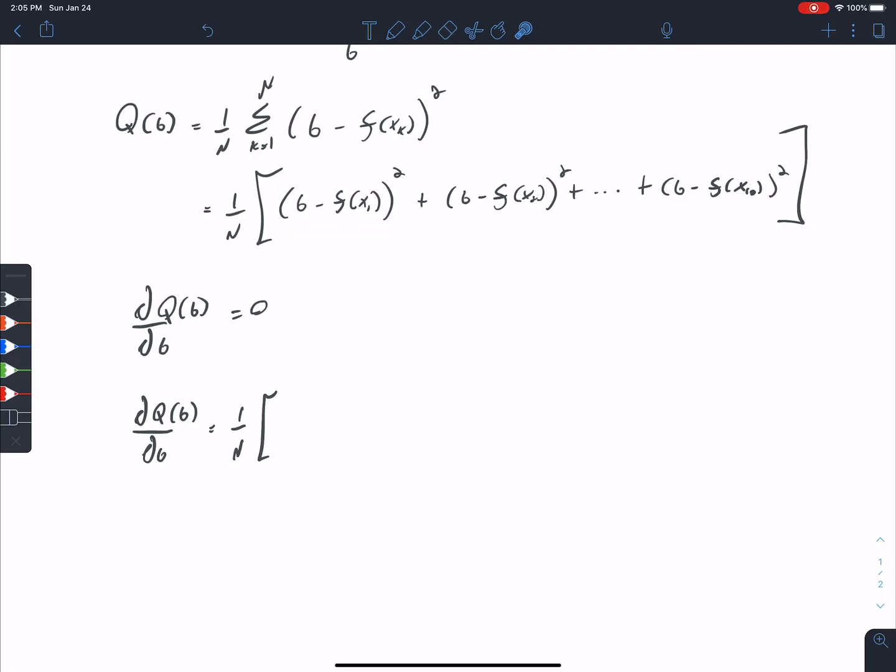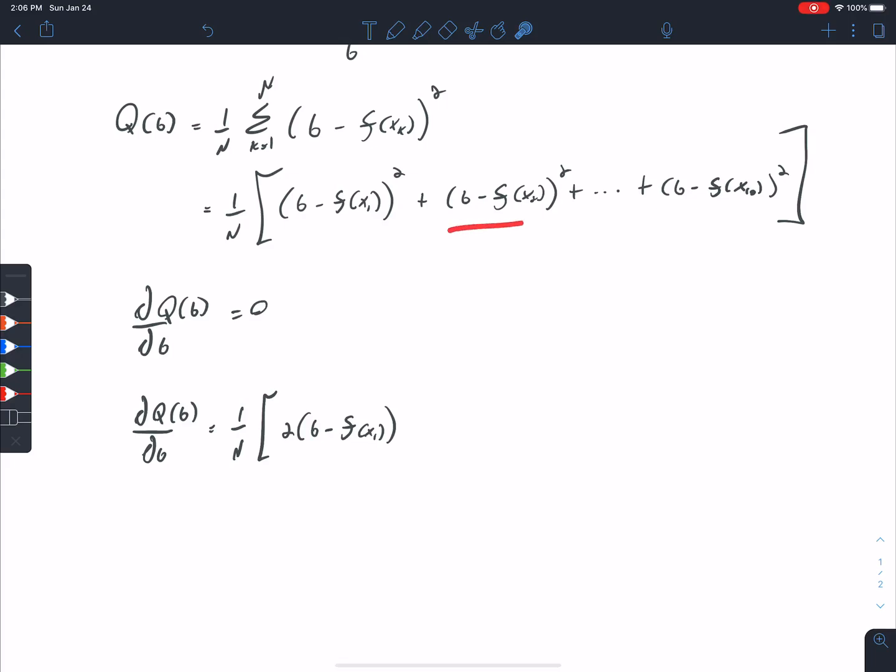So if we expand this out, the derivative is just going to be 2 times this guy, right? So what do we end up with? Here is 2 times b minus f of x1, times the derivative of the inside term, which is just 1, so we don't need to write that.